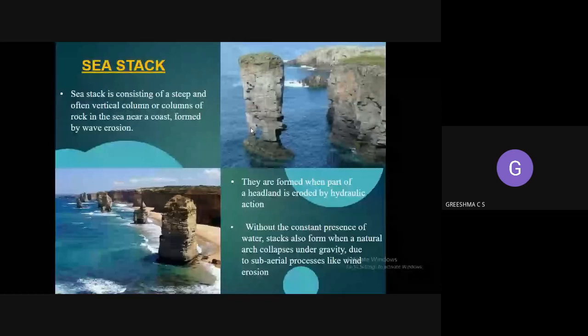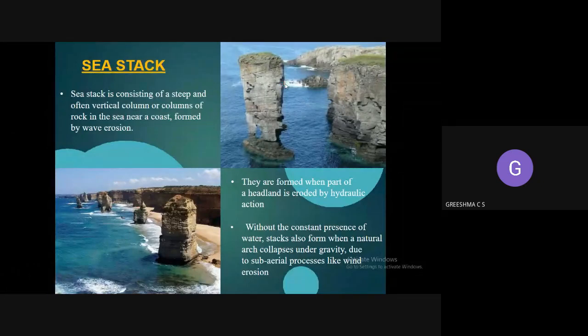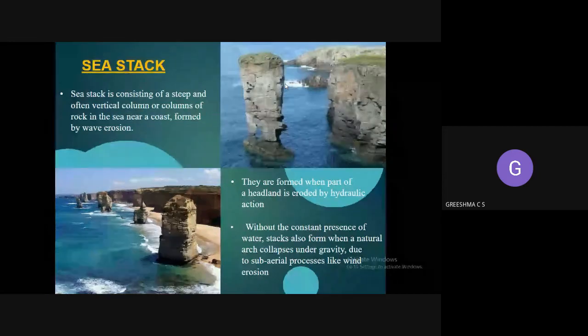You can see a lot of sea stacks here. This sea stack is a very steep vertical formation formed near the sea coast by wave erosion.